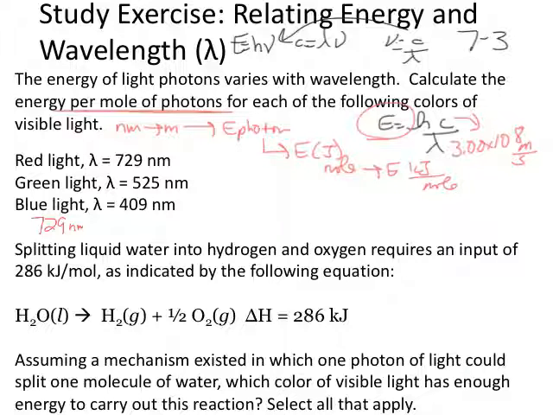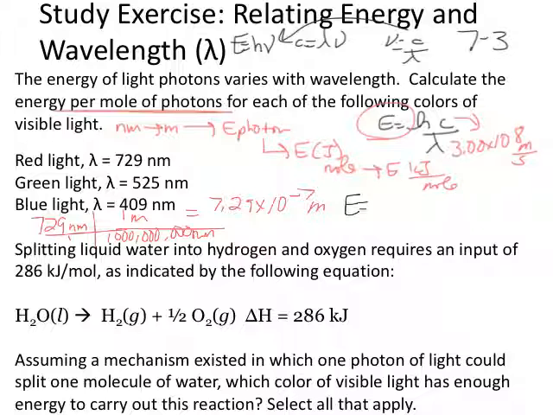729 nanometers. And you have 10 to the 9 nanometers in 1 meter. This ends up being 7.29 times 10 to the negative 7 meters. Now we're going to put that into this equation.